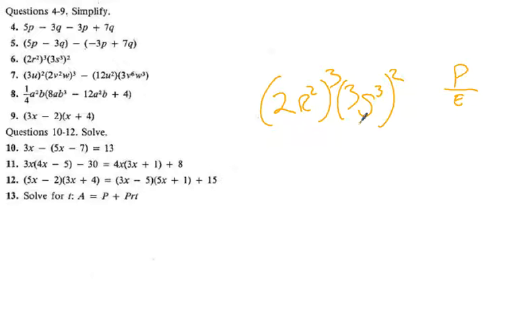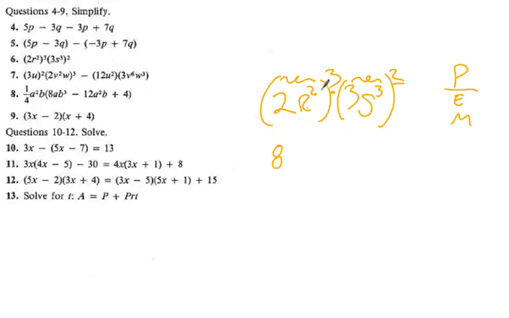But inside these parentheses, there's not much that I can do because I have monomials. So then I have to look at the exponents. So I have to deal with this monomial taken to the third power and this monomial taken to the second power. So 2 to the third power is 2 times 2 times 2, and 2 times 2 times 2 is 8.